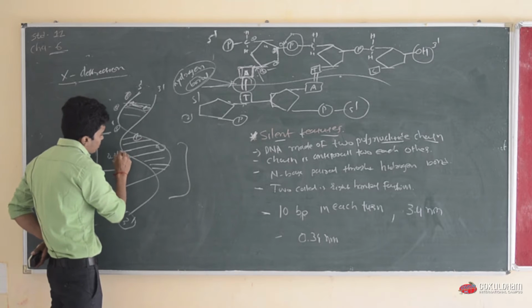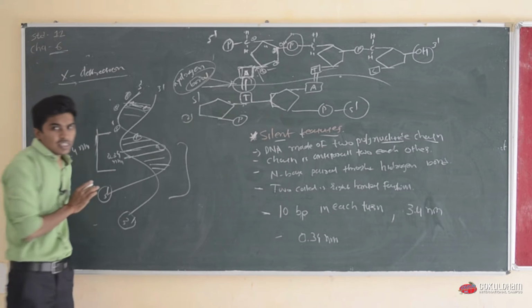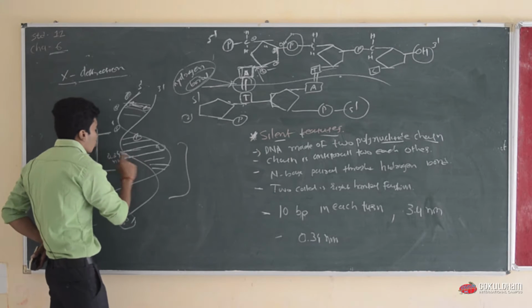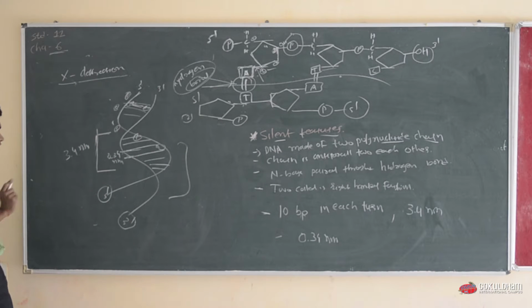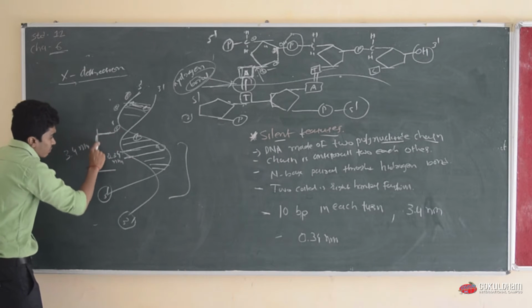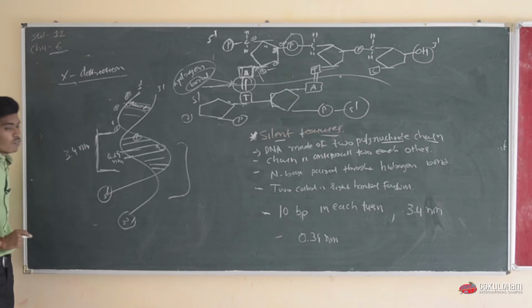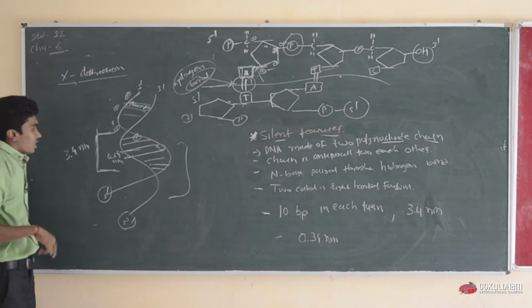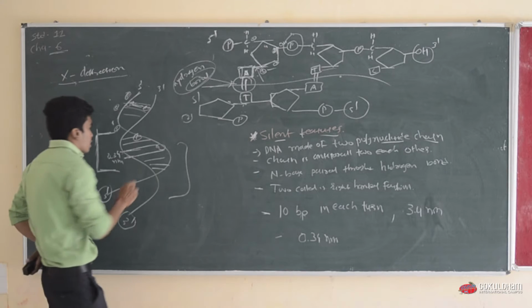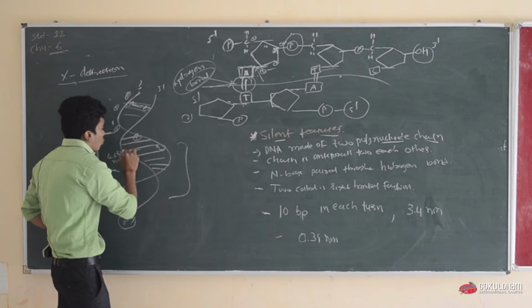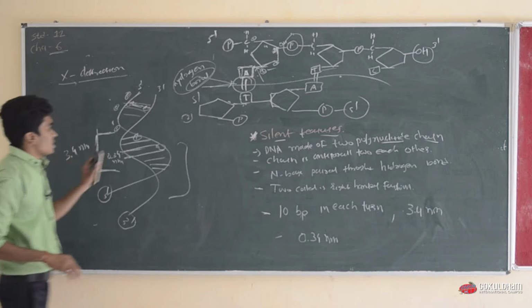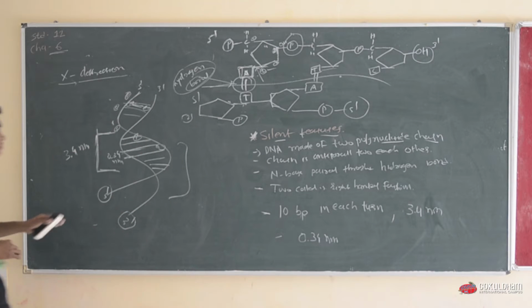So in one turn, which is 3.4 nanometer long, there are 10 nucleotides present. So this is about the structure of DNA.